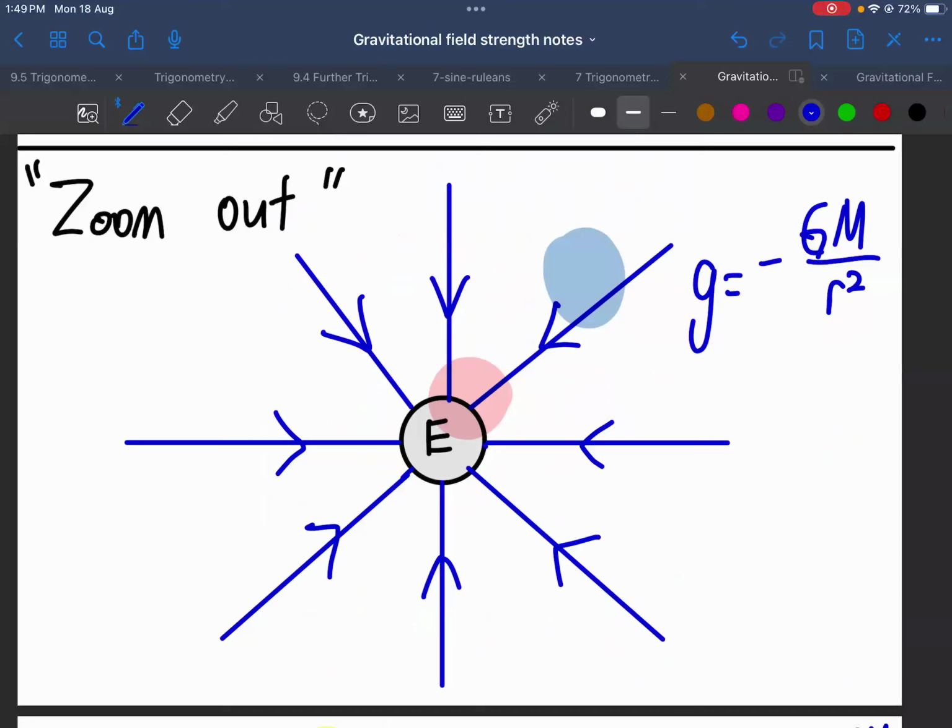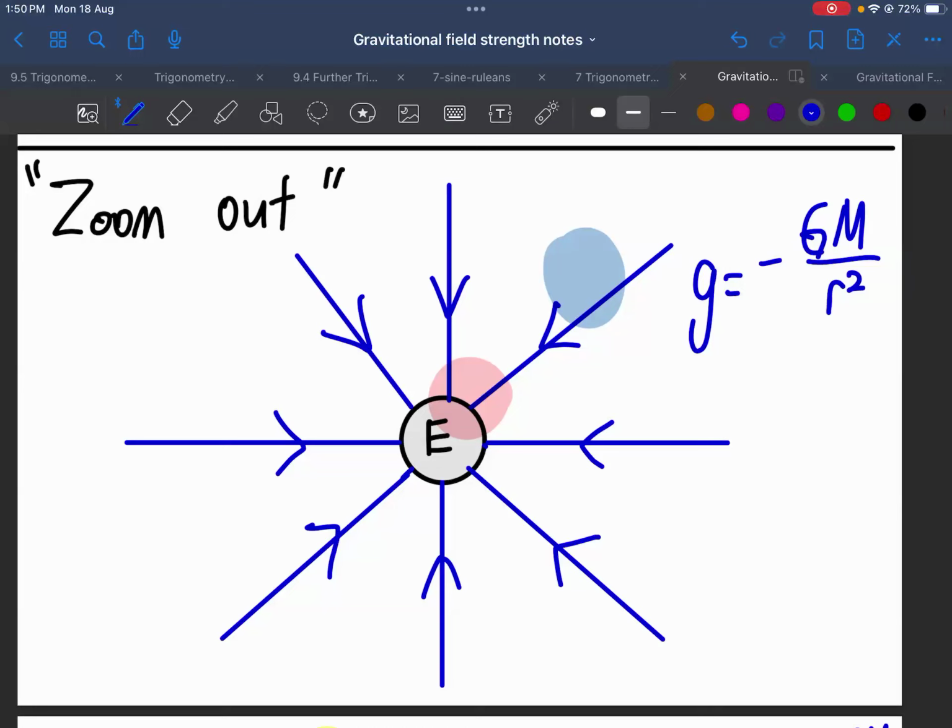It's like the electric field lines. In secondary school, I'm pretty sure you must have learned something like, please draw the electric field lines, please draw the magnetic field lines, right? Gravitational field lines are just the same as the electric field lines of a negative charge, so that's why the arrows are shooting into the mass.